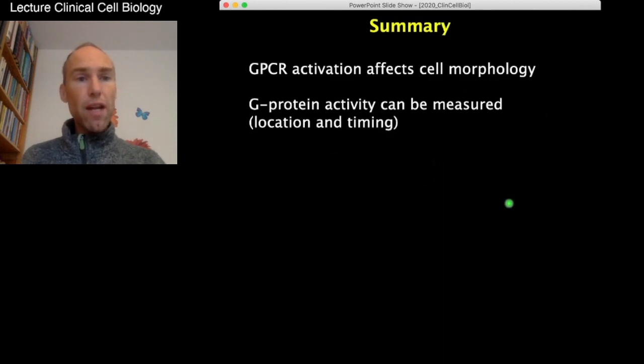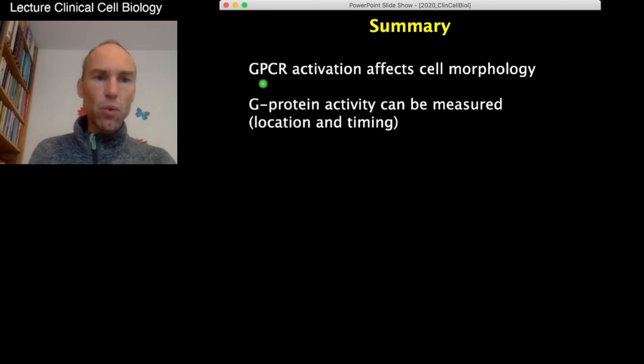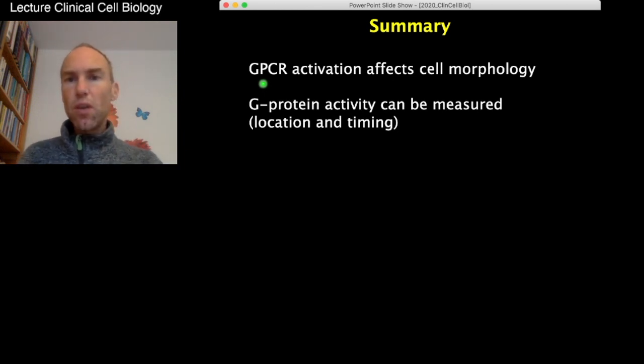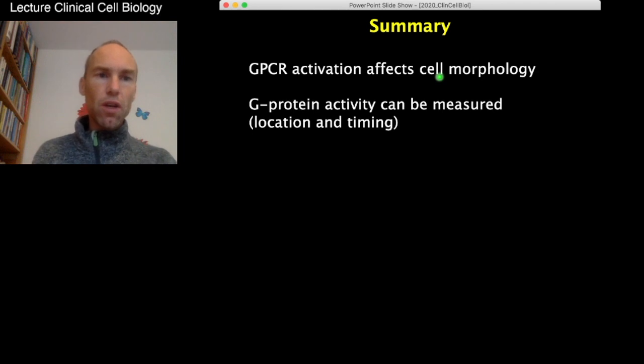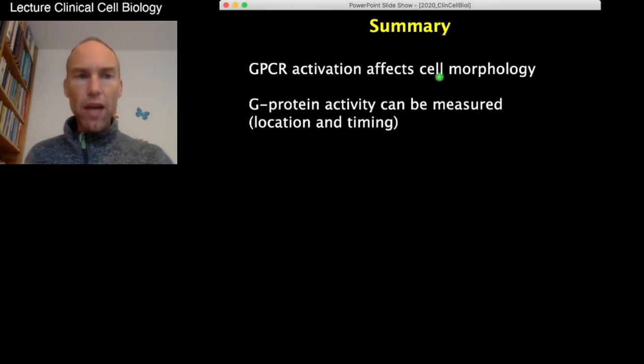So to summarize this part of the talk, I've shown you that G protein coupled receptor activation not only releases calcium in cells, which is nice if you want to do drug discovery, but we also see profound changes in cell morphology. So there's really something going on with cellular morphology if you activate a G protein coupled receptor.